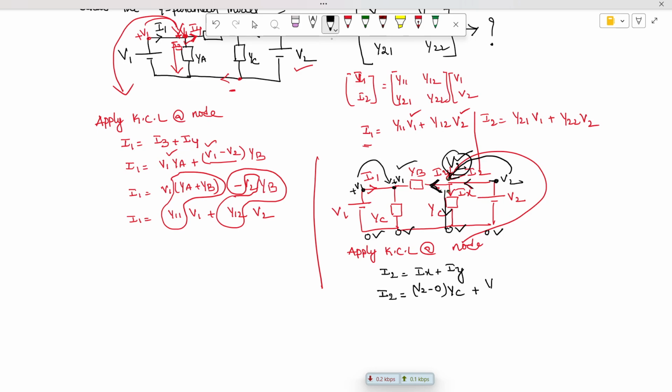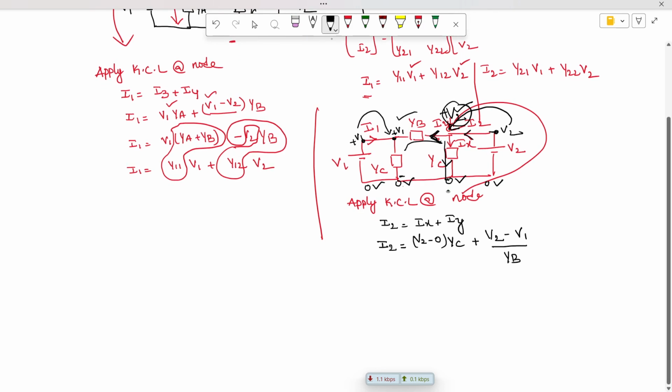The current is flowing from high potential to low potential, so it is (V2 minus V1), high potential minus low potential, multiplied by YB. Sorry, this is YB, because this is the node resistance.